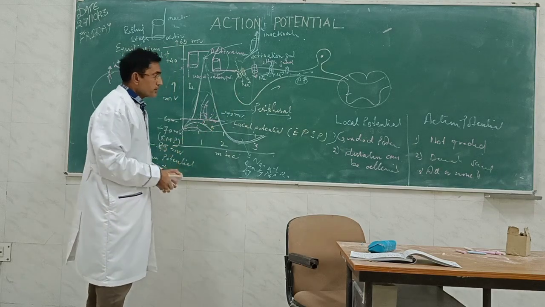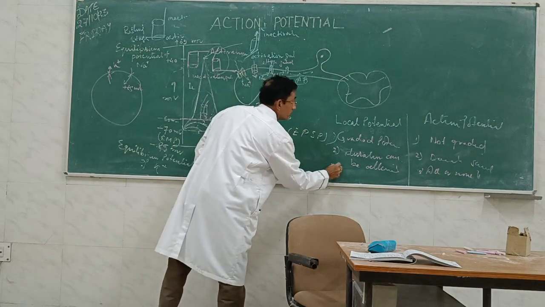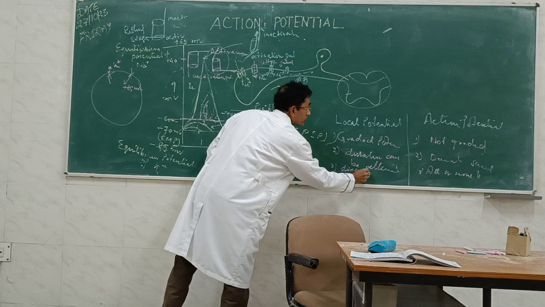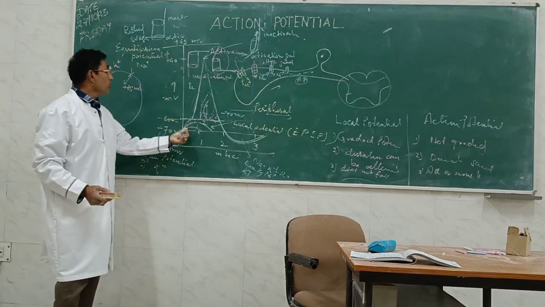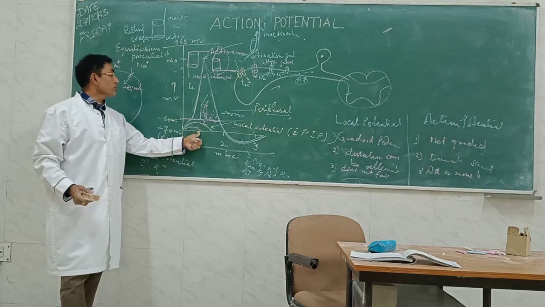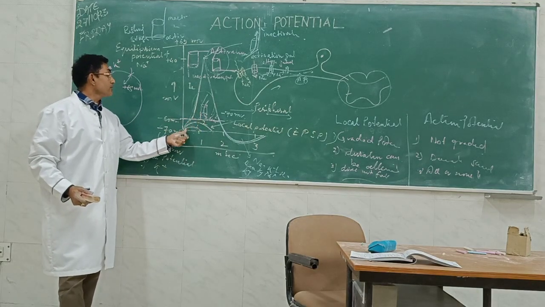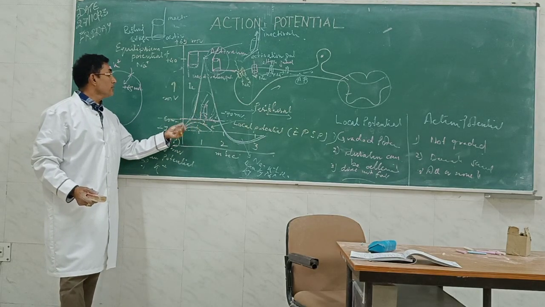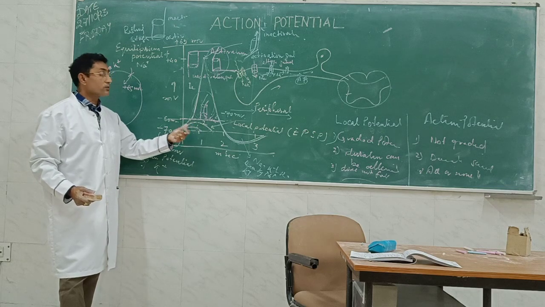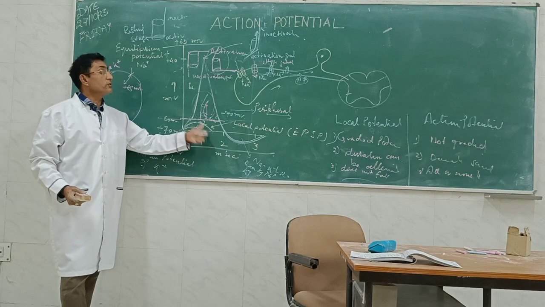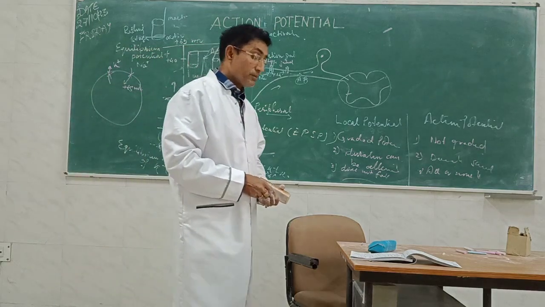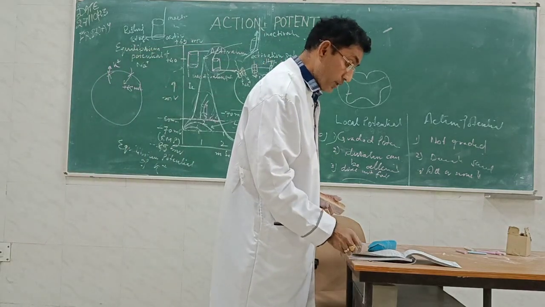But local potential does not follow all or none. If a small stimulus is there, accordingly the response will be small; if we improve the strength of the stimulus, then the amplitude will increase. So the all or none principle is not applicable here.